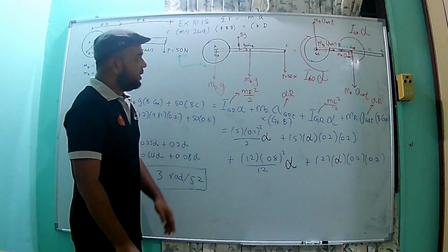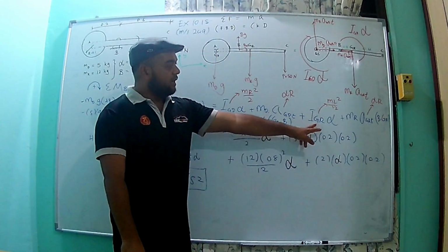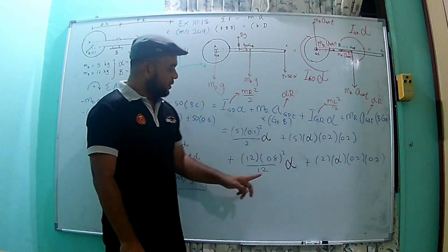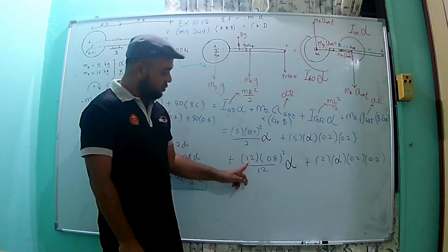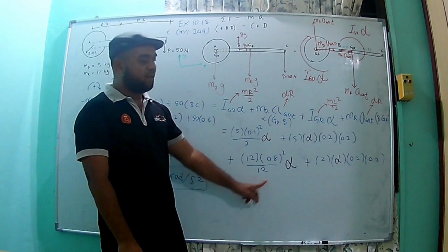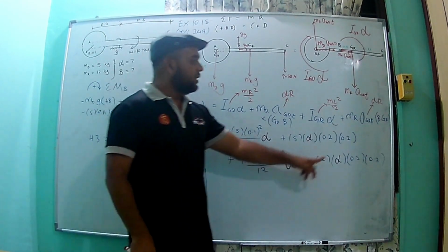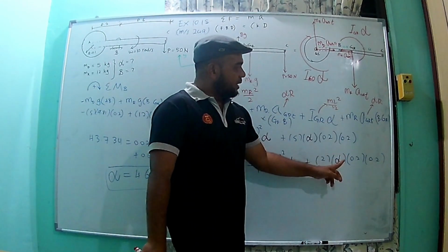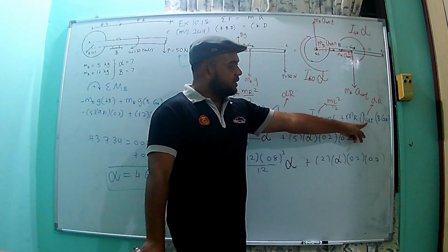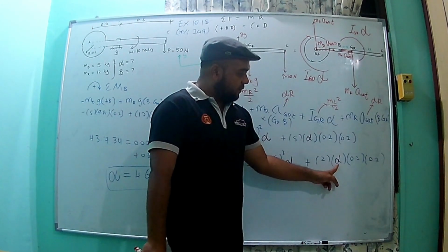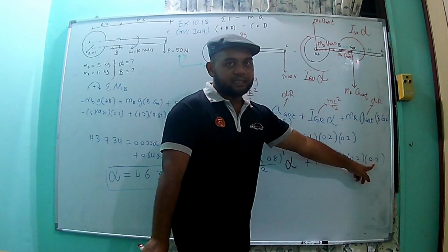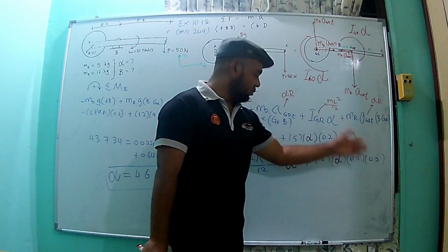For the second part we have I_G alpha, where I is m s squared divided by 12. Alpha we don't know, so we keep it as alpha. Then m is here, and a tangent is alpha r, so alpha times r times the distance for the moment.